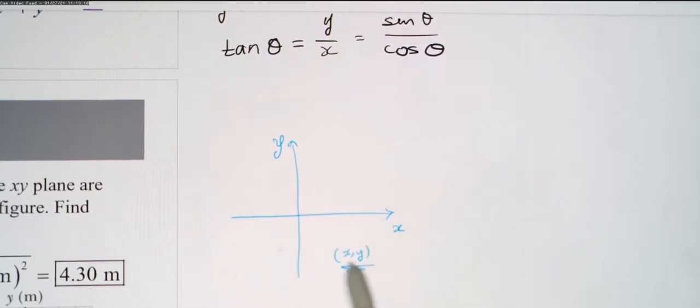Which quarter you are in depends on the value of x and the value of y, the sign of x and the sign of y. So if you have positive x and negative y, it should be here. Why? Because this is the positive axis, this is the negative axis.